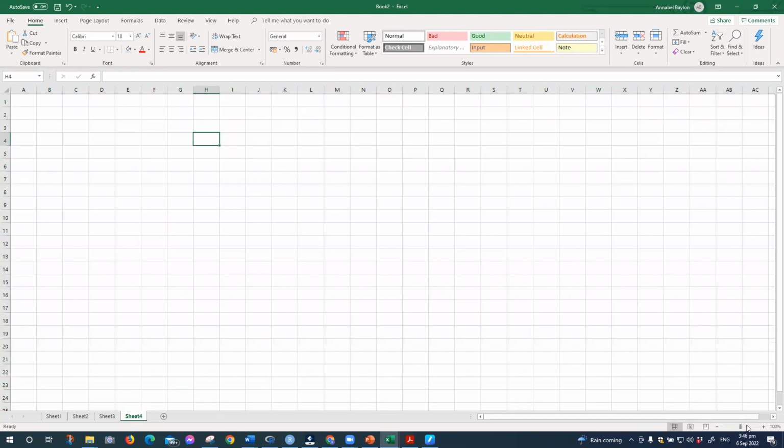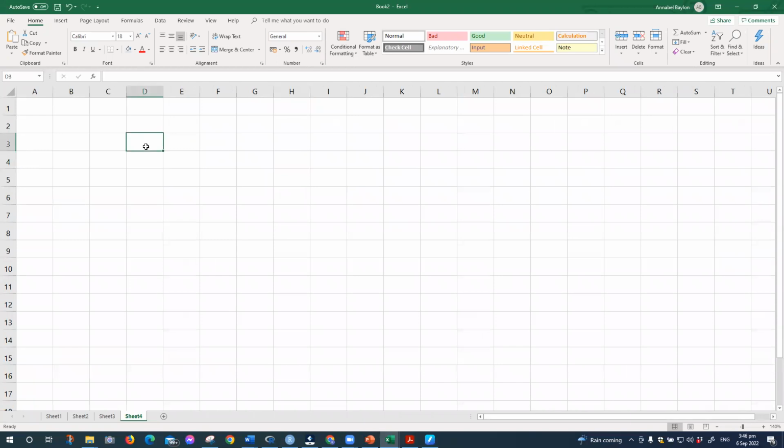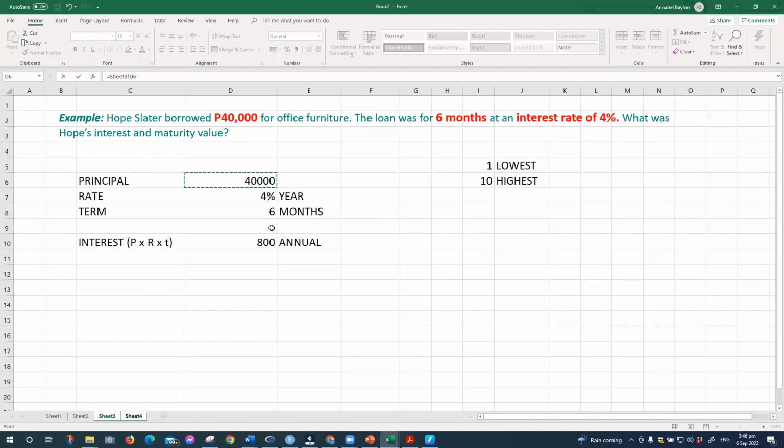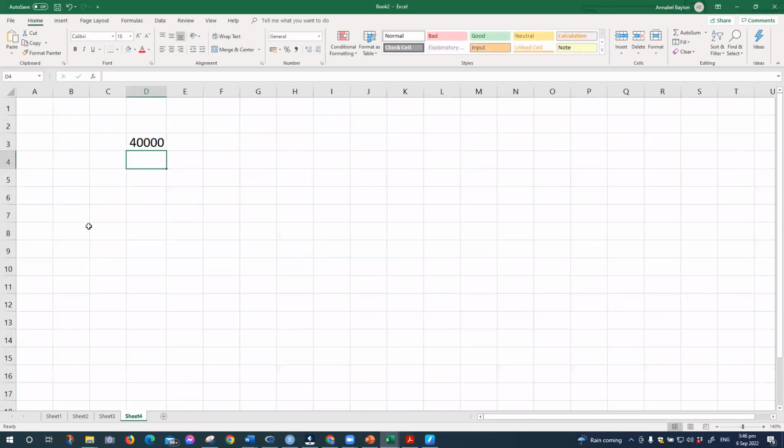The long way is equal to, then you go to sheet number 3 and link it there. If I press enter, you'll see which sheet it came from and which cell, D6, sheet 3. The problem is when we have many sheets and you no longer know where that number is.